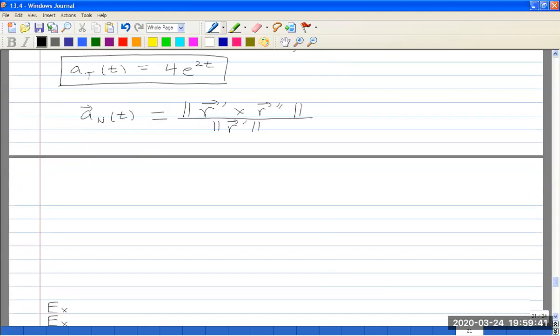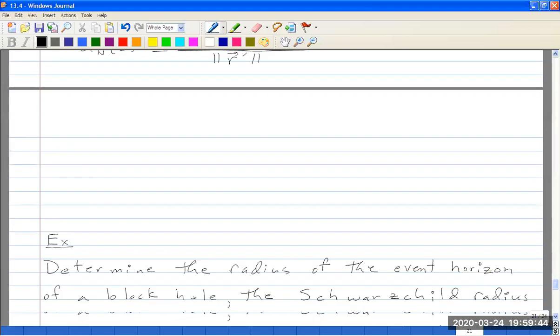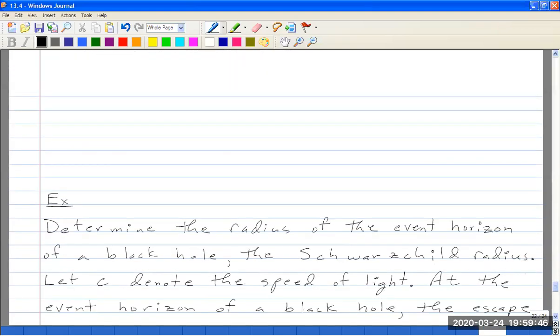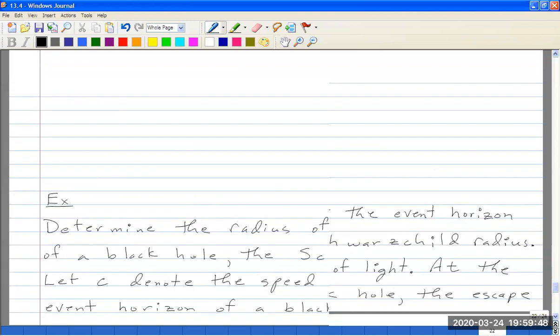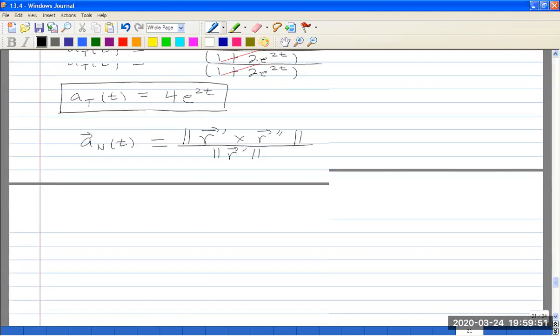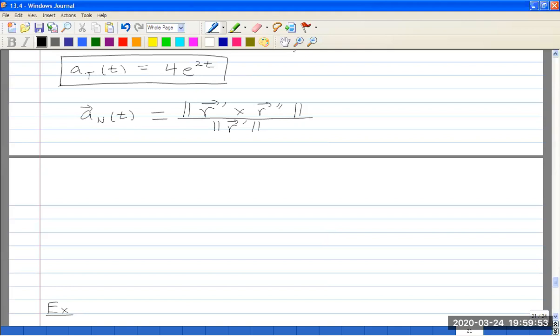So this is equal to... So the normal component is 2e to the 2t. It was 2e to the 2t plus 1, and this was 1 plus 2e to the 2t.